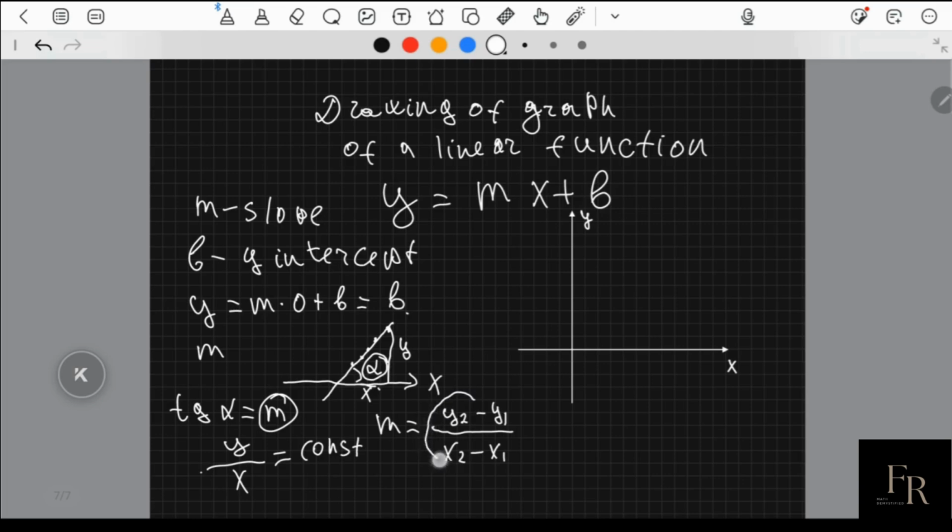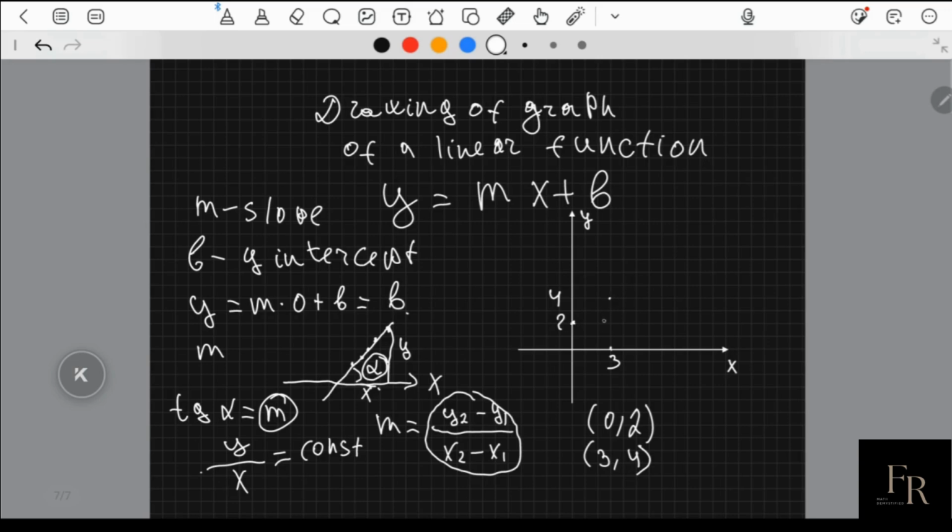Say we know the 2 points where the line crosses, for example 0, 2 and, let's say, 3, 4. I'm just giving you random numbers. So the first point is 0, 2, and the second point is 3, 4.